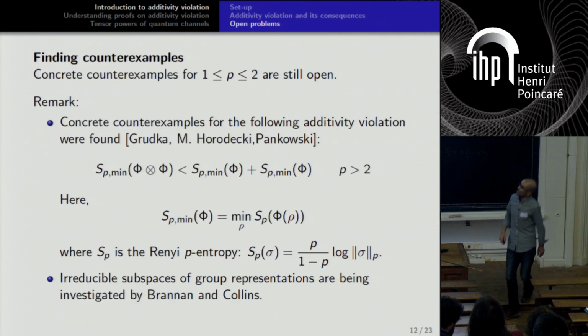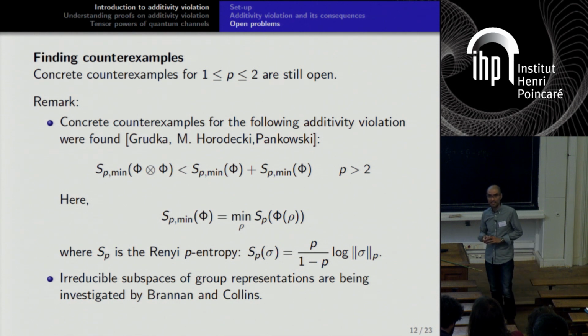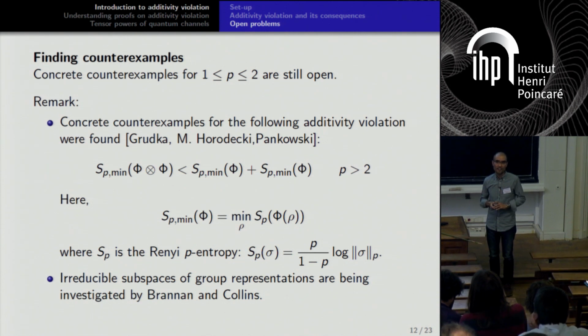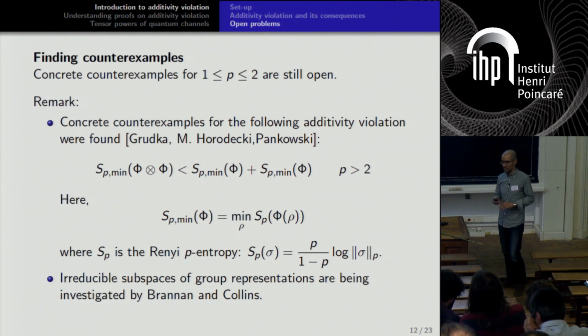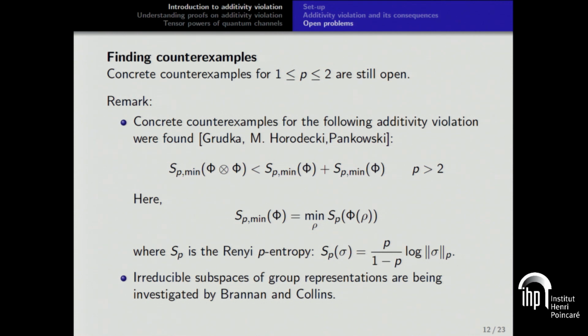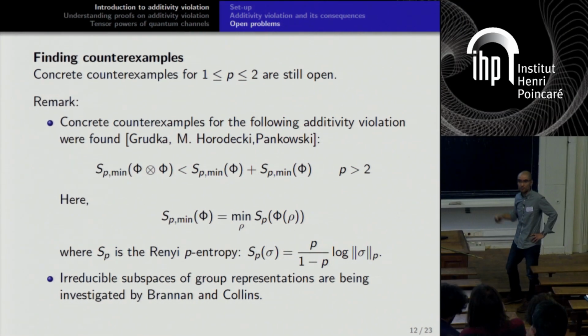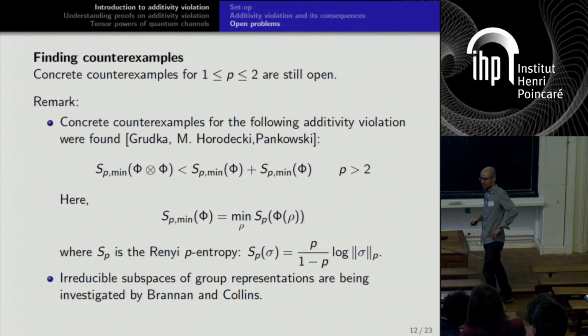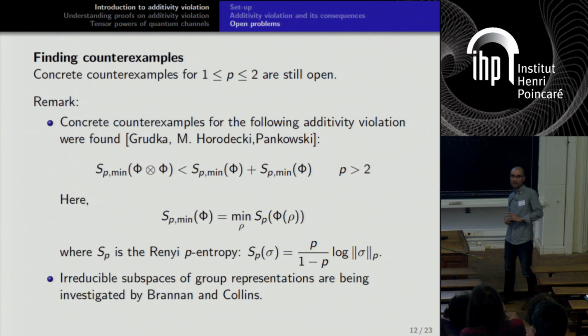And there are other open problems. We know that there exists some counterexample. As I said, we take random quantum channels, and we can show that there exist some quantum channels which violate additivity. But finding concrete examples is a different problem. So far, we have a counterexample for p larger than 2, found by Grudka, Horodecki, and Pankowski. They take a symmetric subspace of a bipartite system.